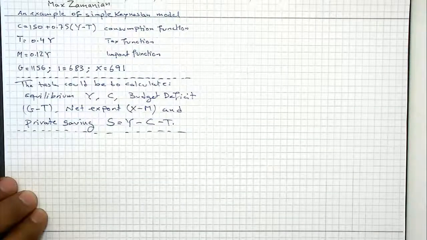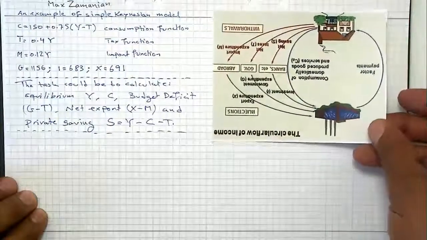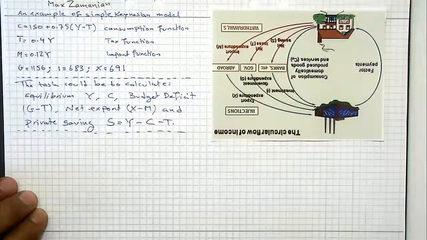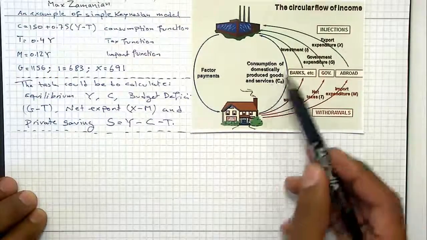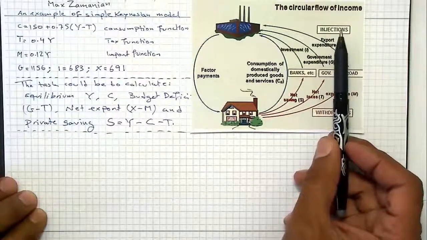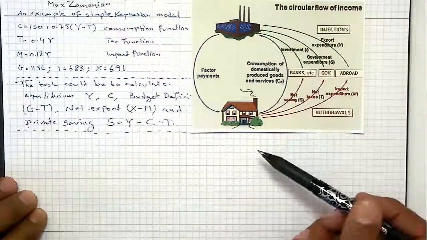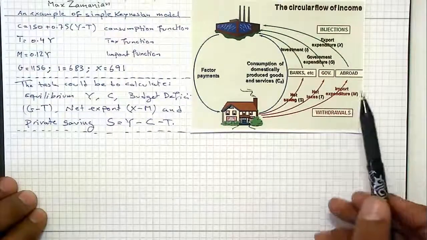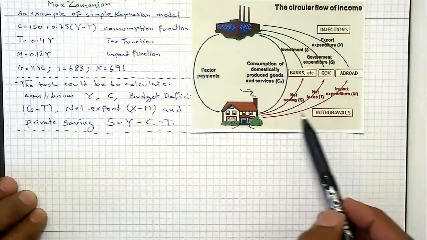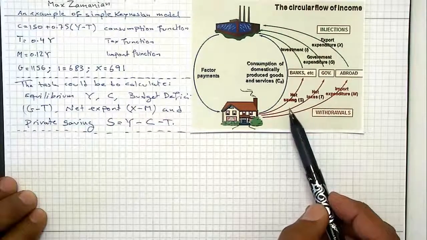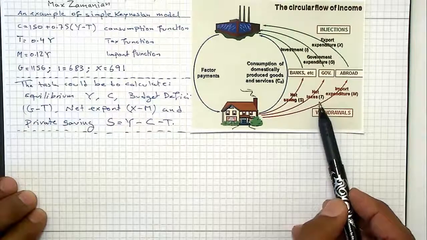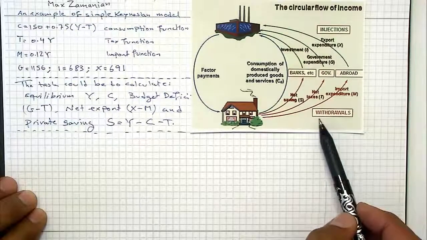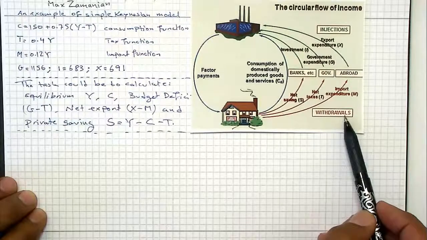There are different ways to do it, to at least assign equilibrium. I use the circular flow of income method, which identifies these three variables, net saving, taxes, and import, as withdrawals from the economy.